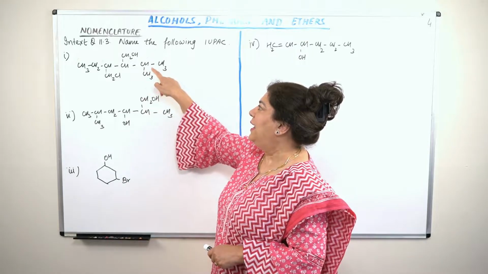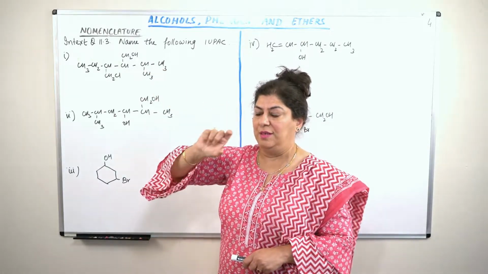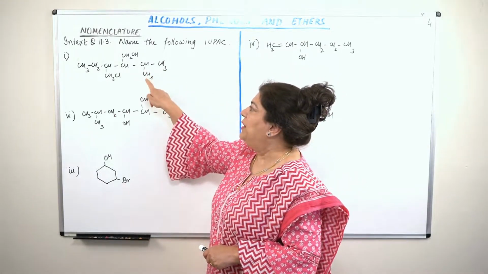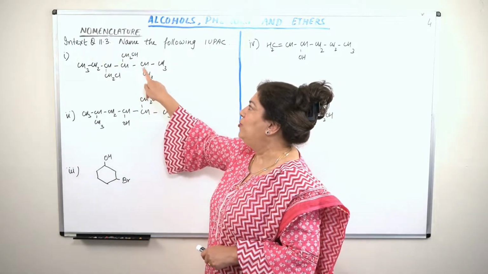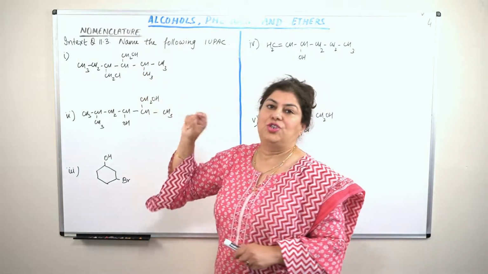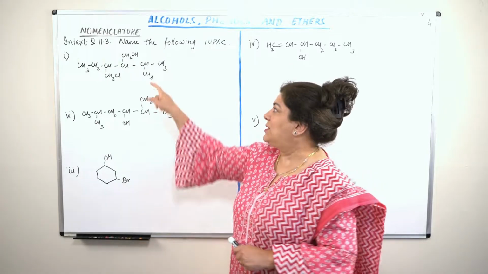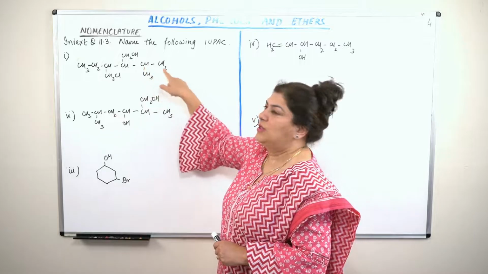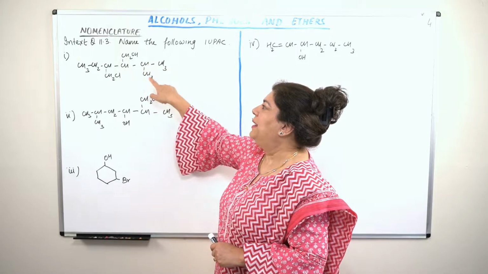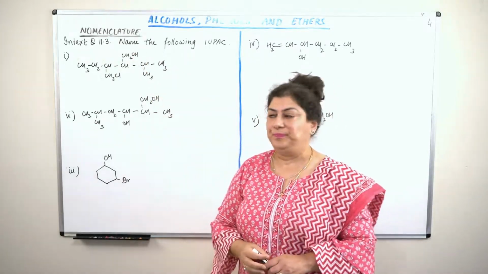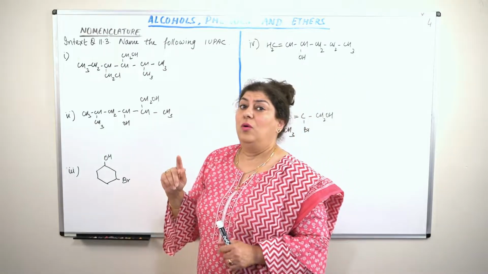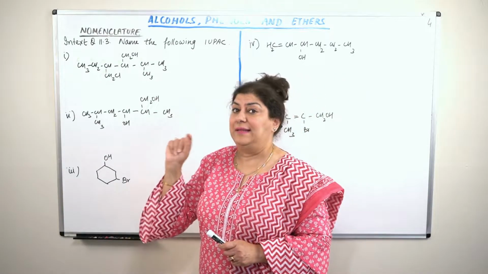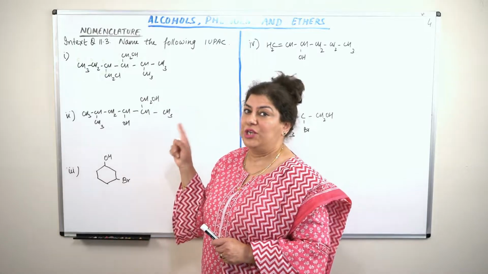We say that ethyl is the alkyl group, and the methyl group here is attached to the first carbon, assuming that this first carbon is attached to the chain. So this carbon becomes the first carbon of the ethyl group, carbon 1, carbon 2, so this is ethyl, and 1-methylethyl is the group. So M is the alphabet with which it is starting.